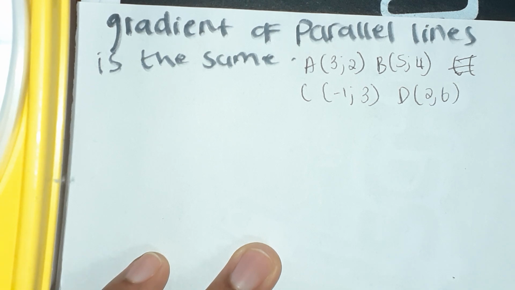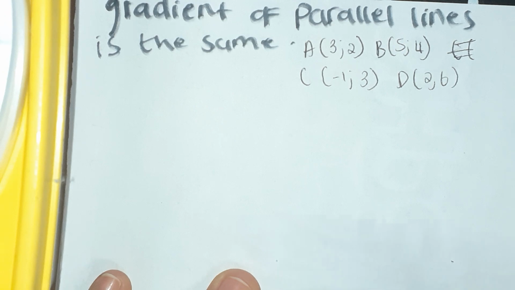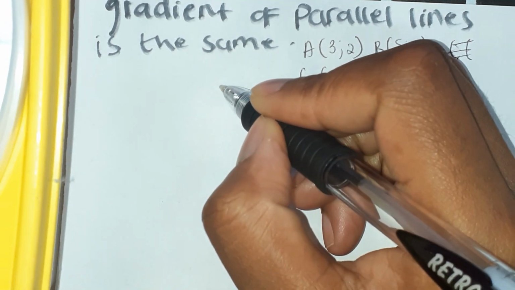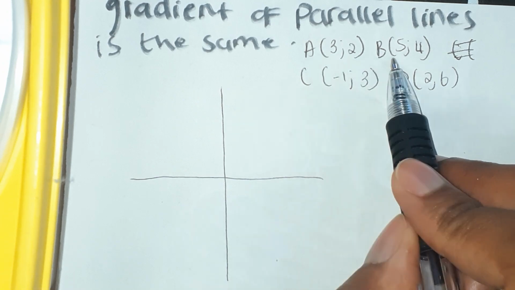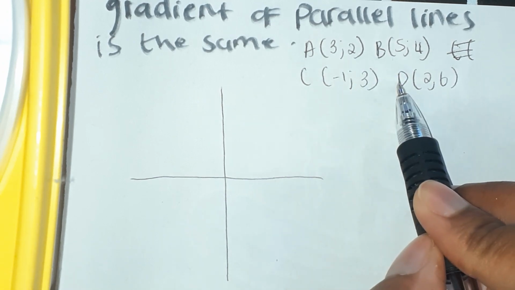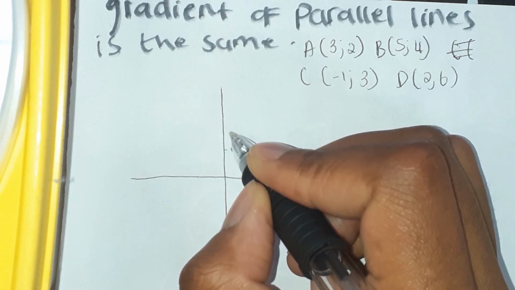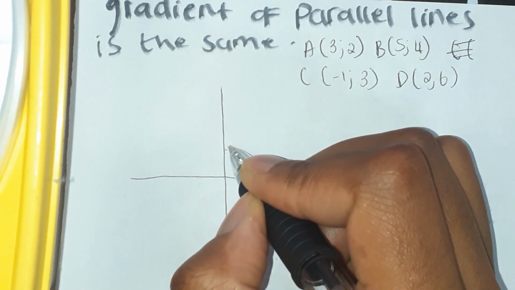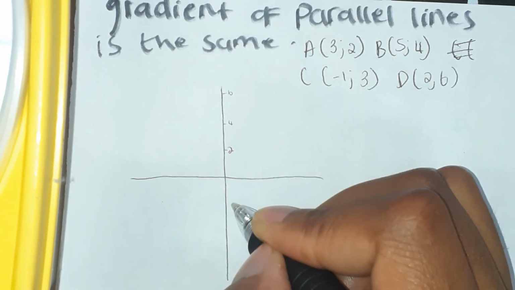Another thing that you have to do, guys, is that the gradient of parallel lines is the same. So let's try to draw this graph that we have here. We have line AB and line CD. So let's start with 2, 4, 6, and then we have those in between.